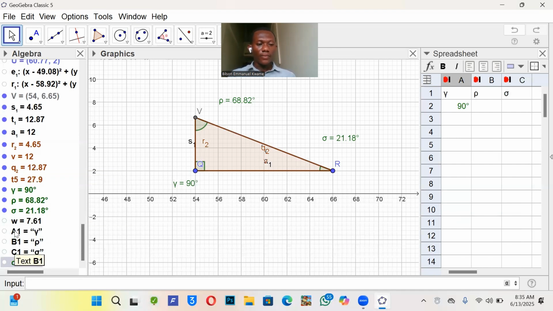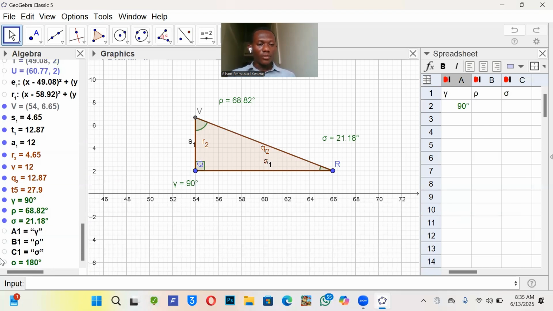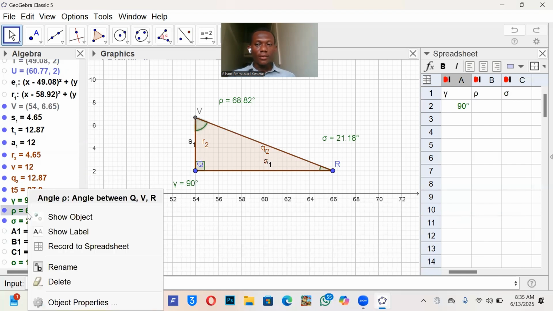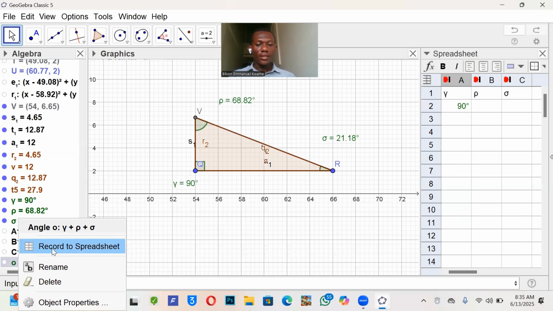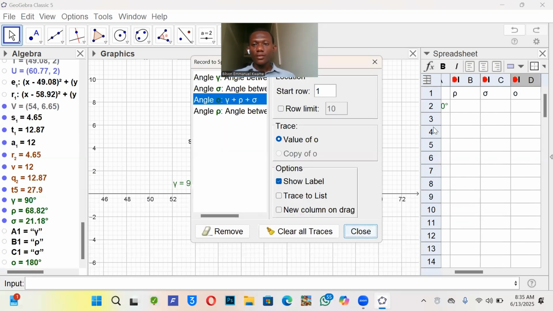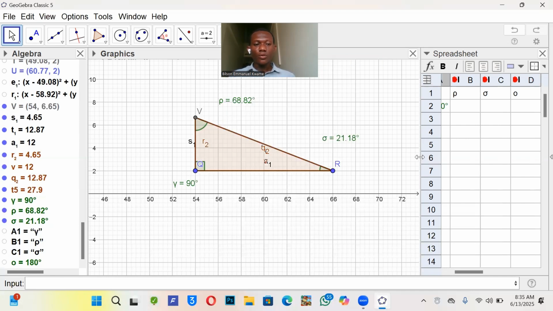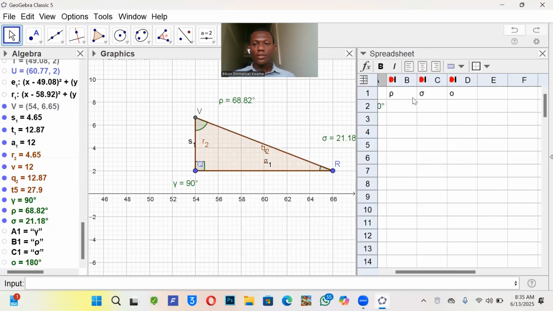Do you see that? It has come. Good. So now all that we have to do is record that on our spreadsheet. So now let's focus on our spreadsheet. So we know that the sum of the interior angles is what?